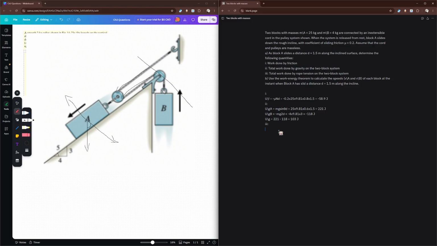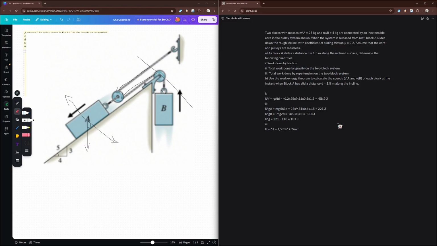So we note that the total work done here is going to be delta T, so half m v squared of A plus half m v squared of B. Now we can rewrite this in terms of 2v squared, like that. So we're going to get that this becomes 4, and it's going to cancel with the half, so we get 2mv squared, like this.